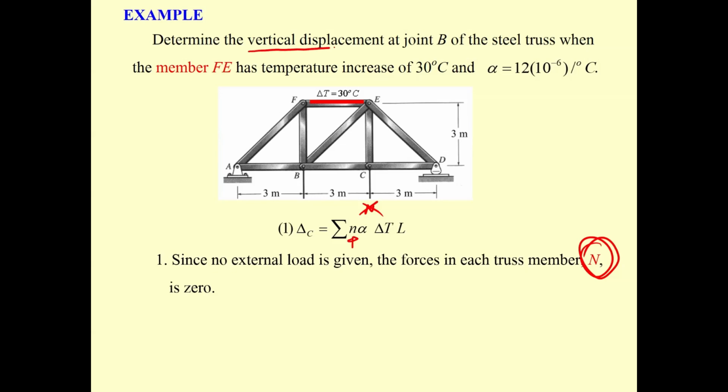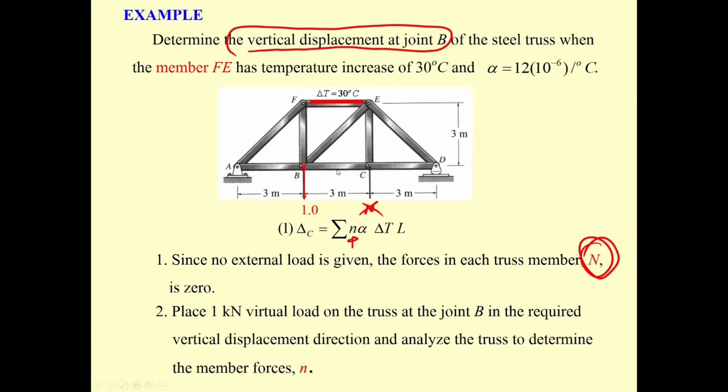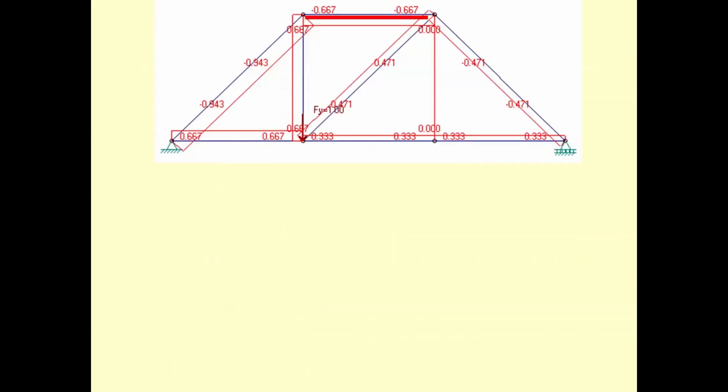We have to determine the vertical displacement at joint B. So over here, you put a 1.0 unit load at that point. Then the same computation: n sub I equals the previous one divided by 30. You get the result.